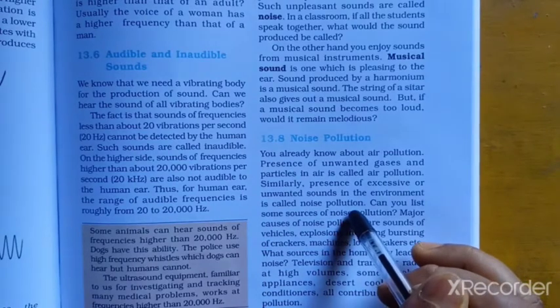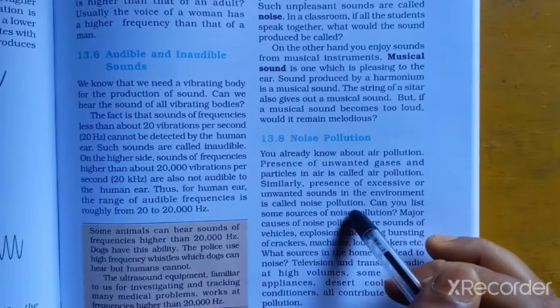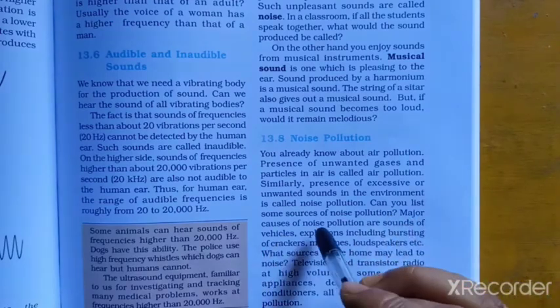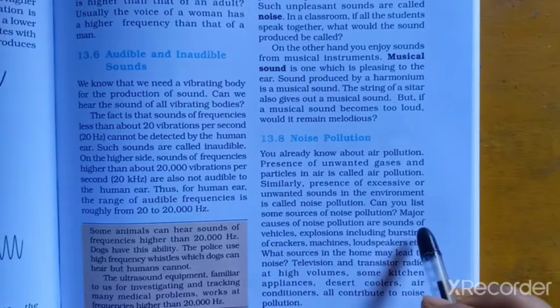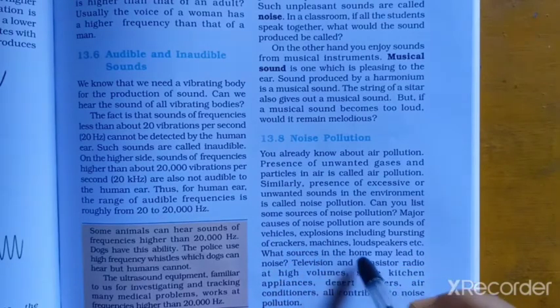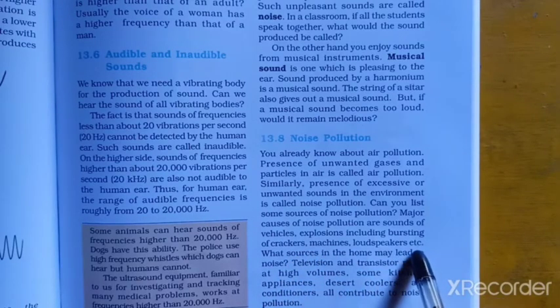So can you list some sources of noise pollution? Major causes of noise pollution are sounds of vehicles, explosions including bursting of crackers, machines, loudspeakers, etc.